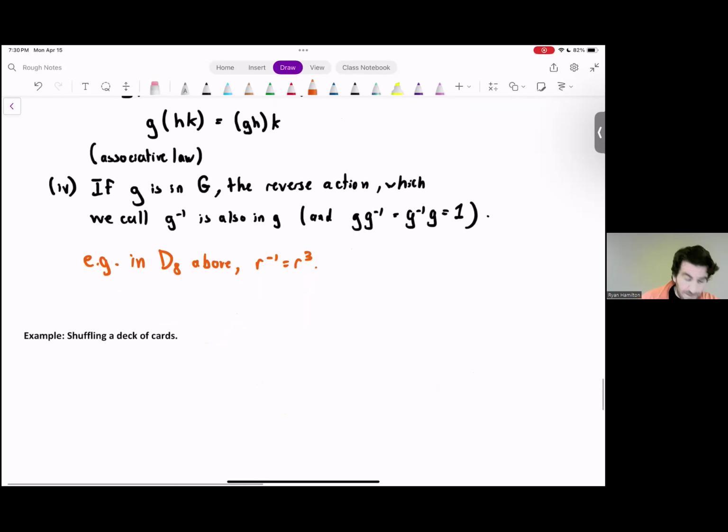So here's an example: shuffling a deck of cards. So we have 52 cards. Okay. And what do I mean by shuffle? Well, a shuffle is an action which is simply rearranging the cards in some order.